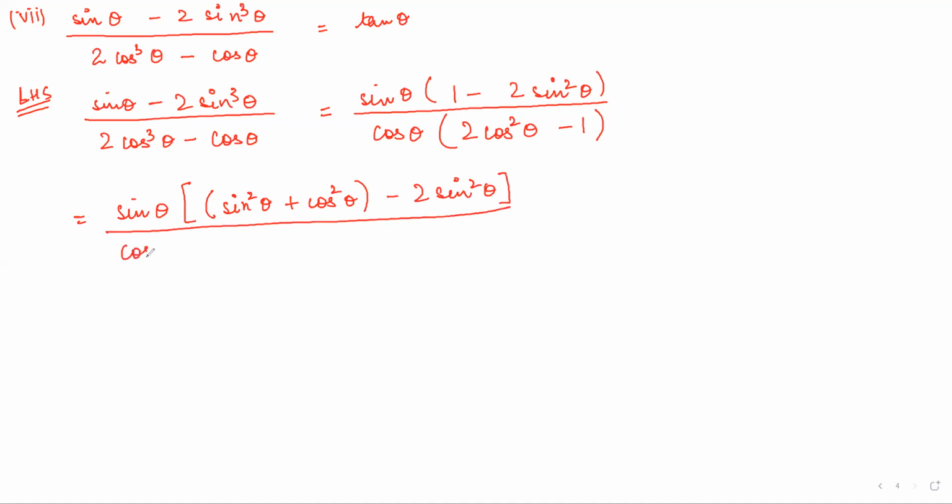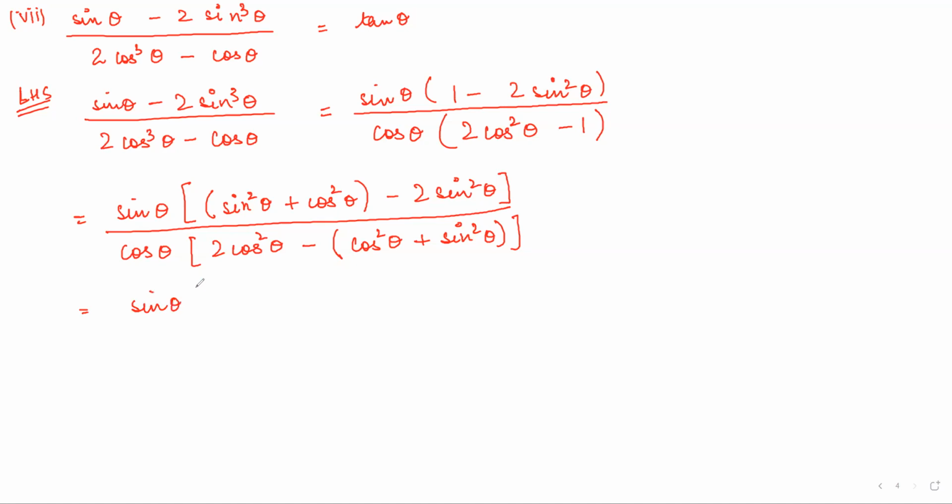And then cos of theta, and then I have 2 cos square theta minus, now in place of this 1, put a bracket, cos square theta plus sine square theta, right? Now open the brackets.